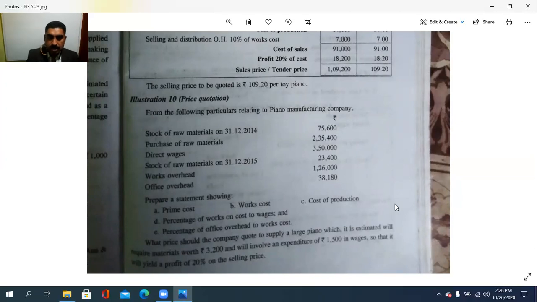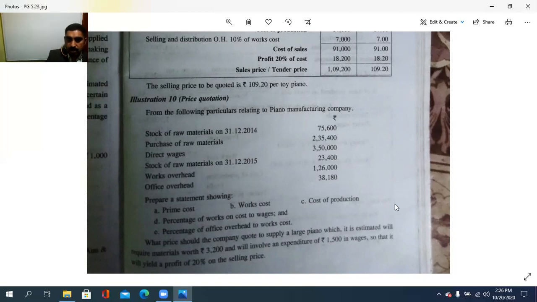From the following particulars relating to the piano manufacturing, stock of raw materials is on 31/12/2014 75,600, purchase of raw material 235,400, direct wages 350, stock of raw material on 31/12 it is 23,400, works overhead 1,26,000, office overhead 38,180. Prepare a statement showing prime cost, work cost, cost of production, and percentage of work on cost.